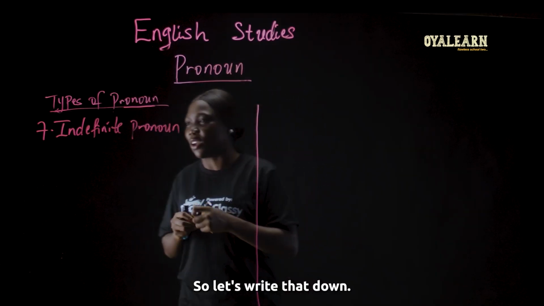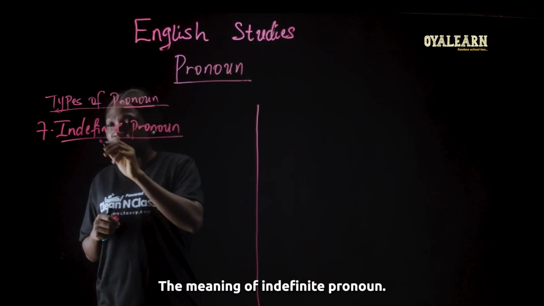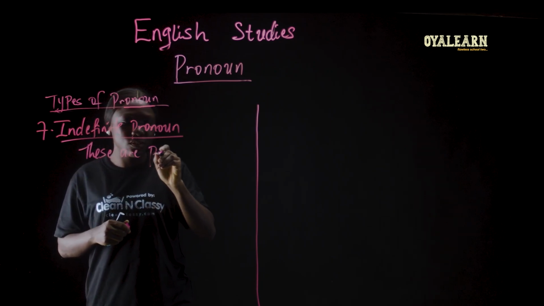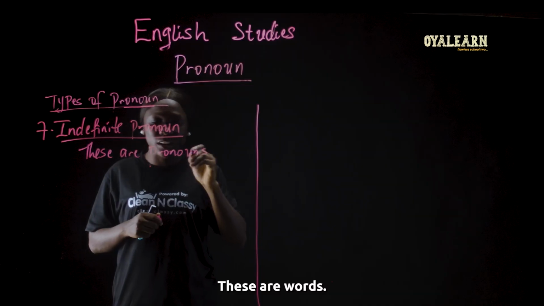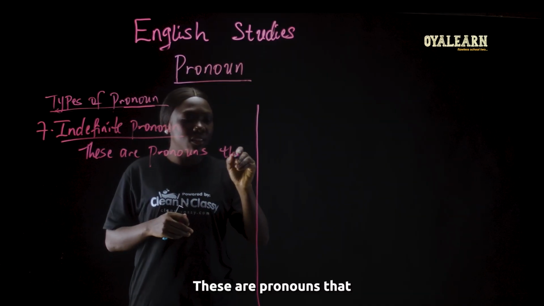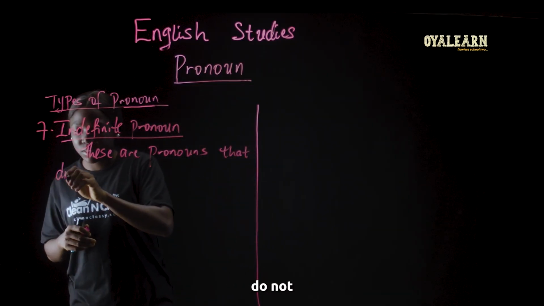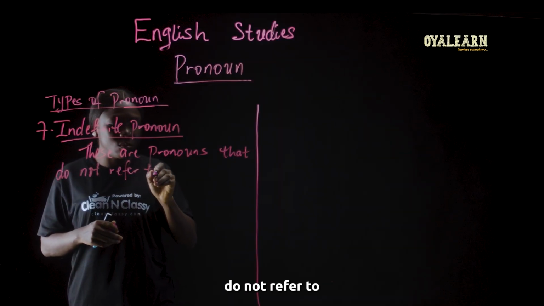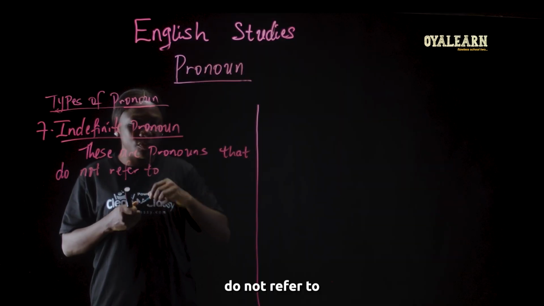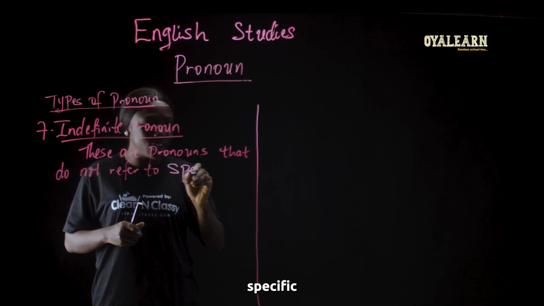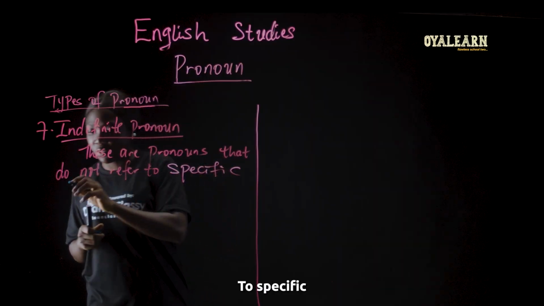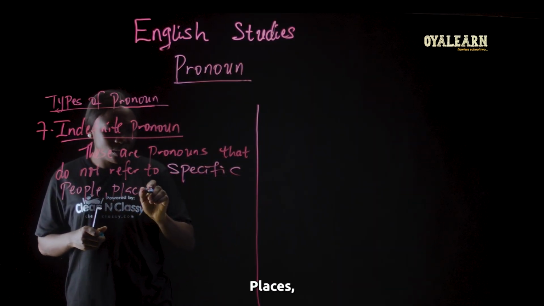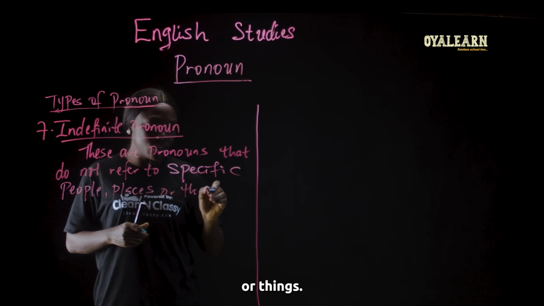So let's write that down. The definition, the meaning of indefinite pronoun. These are pronouns that do not refer to specific people, places, or things.